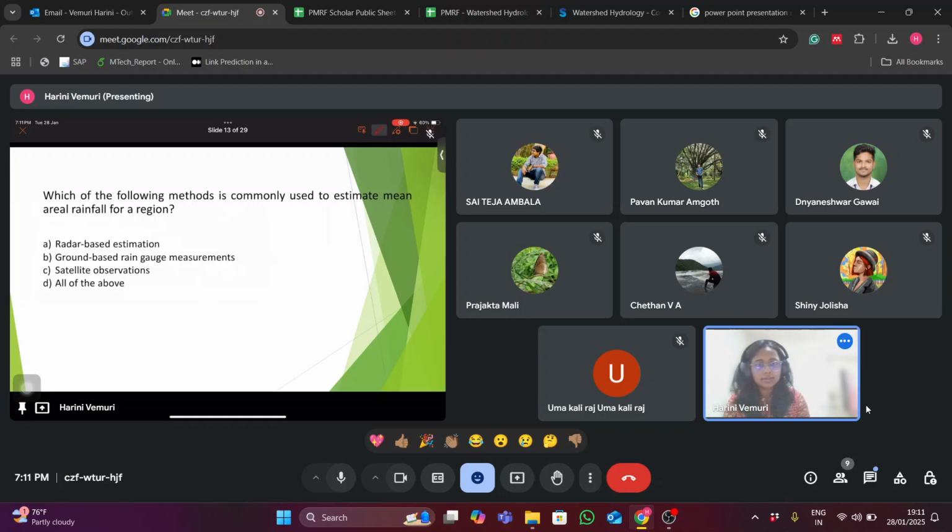Any answers? Basically we get the observed data from all three ways, like satellite, ground based using rain gauges, and also using radar. Whatever the data sets we are getting, irrespective of the source, we can calculate mean areal rainfall. So the option is all of the above.